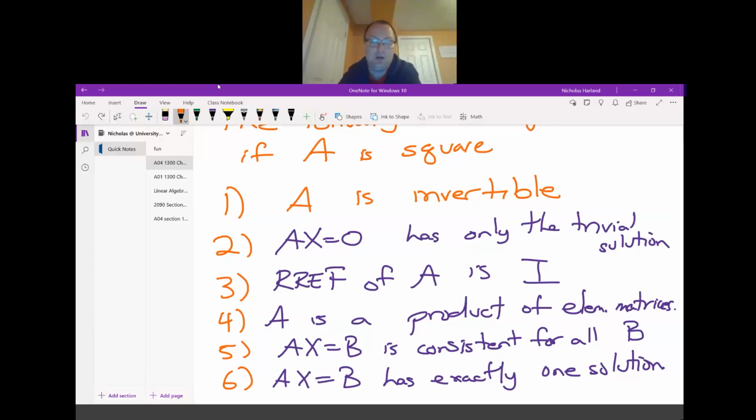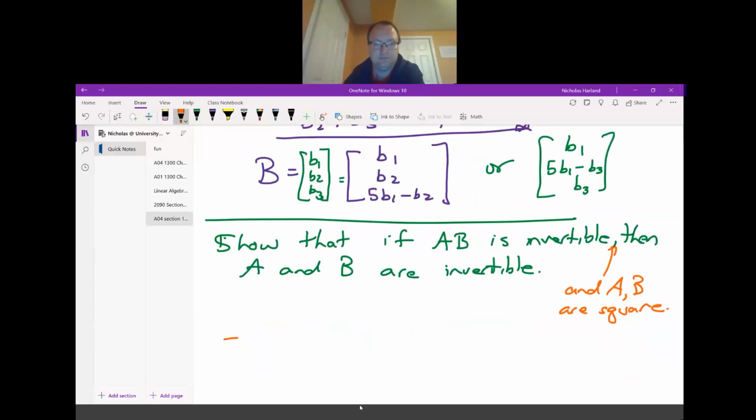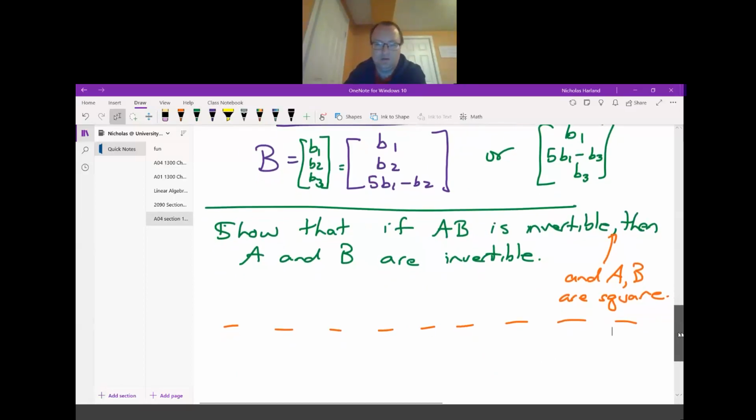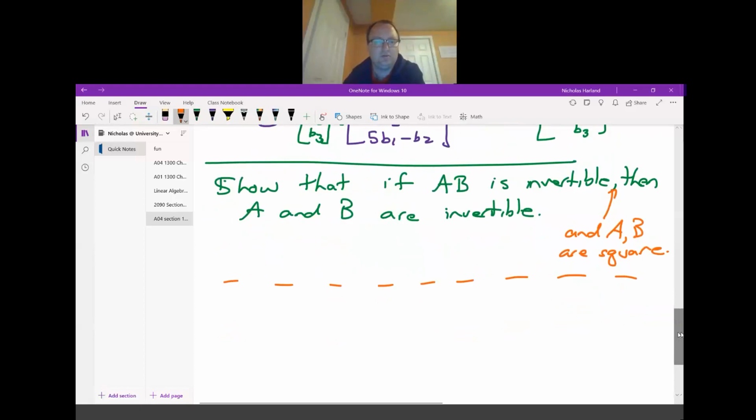Three? Okay. I'm not saying it won't work. So don't write anything down yet. If AB reduces to the identity, do A and B reduce to the identity?